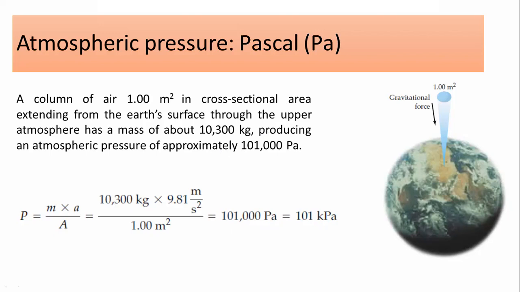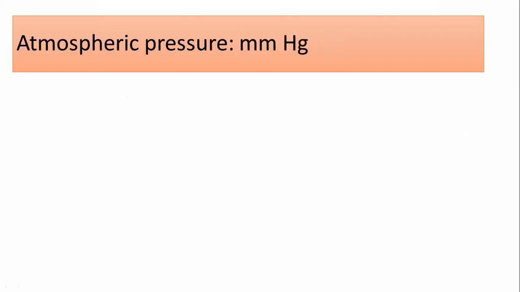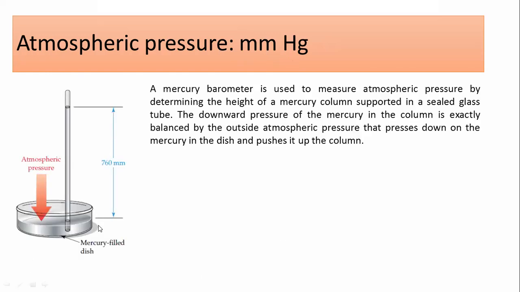Let's start with the third one, and then we will do some exercises which will help you to understand these different units. Another unit is the atmospheric pressure, which is also represented in mm of Hg, mm of mercury. So what is this? Let's suppose you have this dish that is filled with mercury, and the atmospheric pressure is exerting pressure on this mercury, and this is the glass tube.